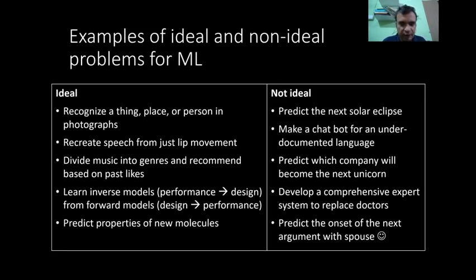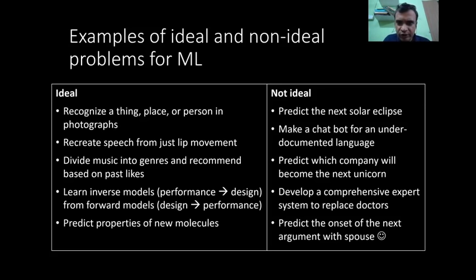Some more exciting problems for machine learning are learning inverse models. Let's say given the performance of an electric motor, I want to design the motor, right? How the stator and the rotor will be shaped, where will the grooves be, and so forth. I want to design that motor based on how much torque I want, how much efficiency I want, how much peak current I want, and so forth.